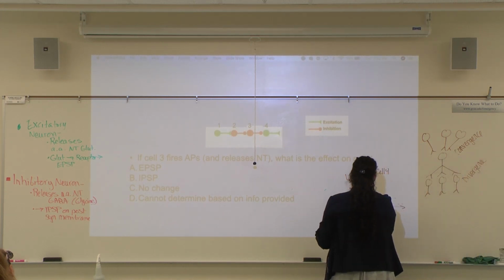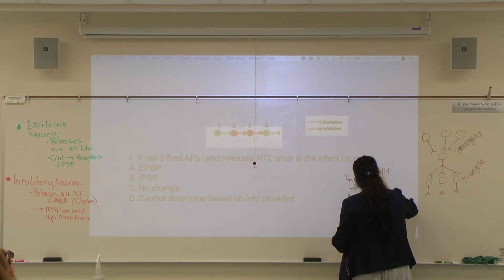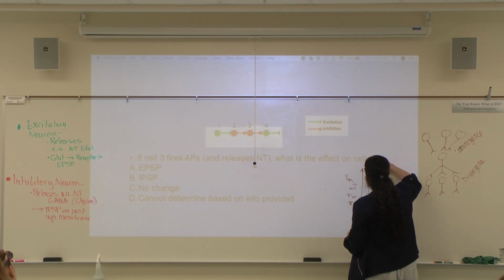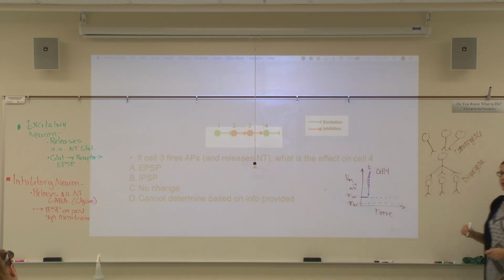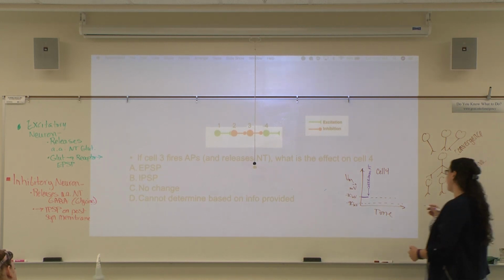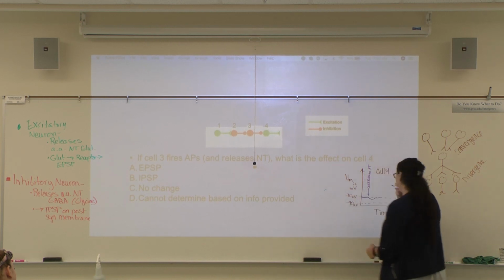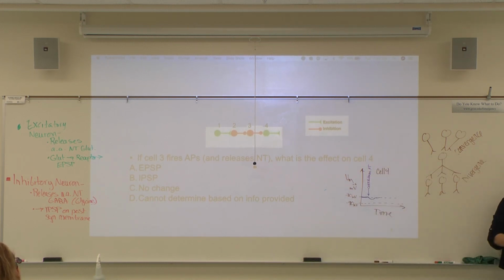Here cell 4 is bopping around at rest. Cell 3 releases neurotransmitter. What happens to membrane potential on cell 4? What does it look like? Draw it in the air with your hand. Okay, yeah, so we're drawing an IPSP, right? Okay.